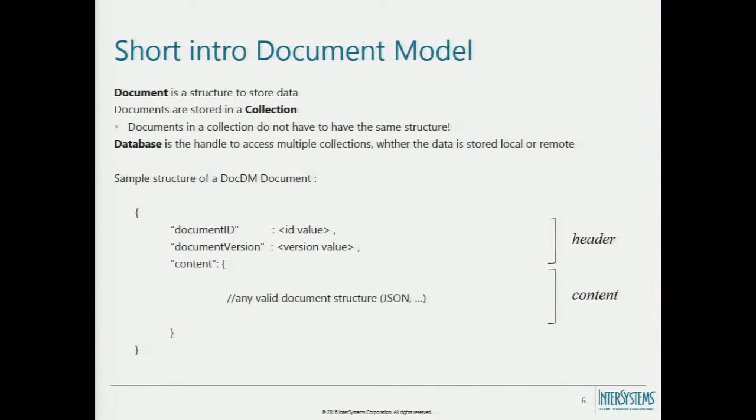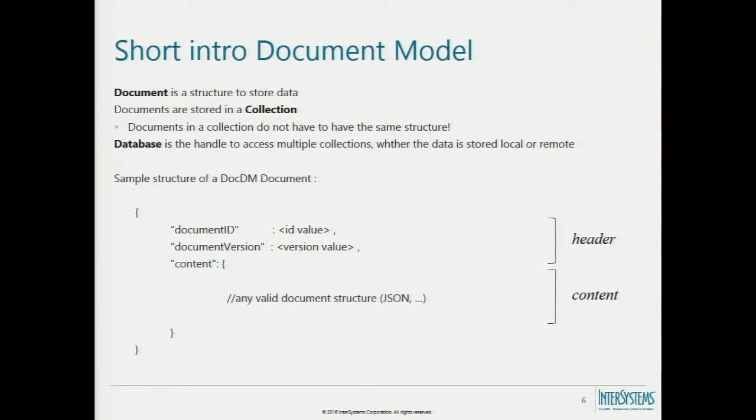So I guess since it's the last session, you already have heard something about the document store, so I'm not going to repeat everything. But simply said, a document is a structure where you can just store information. Right now, we're using JSON to store stuff in a document, but in the future, it could be anything.